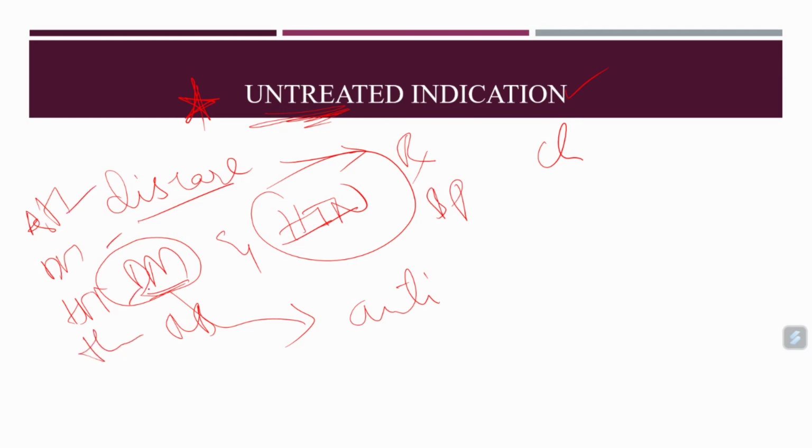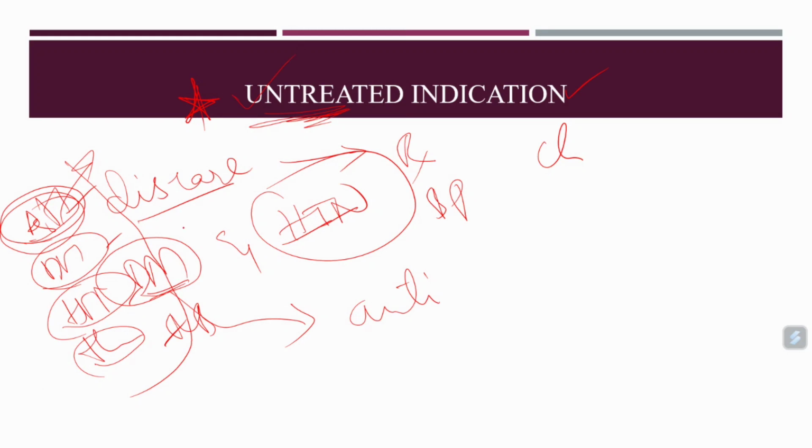For each condition, it is difficult for the physician, because for asthma a pulmonologist will prescribe drugs, for diabetes mellitus an endocrine doctor, for hypertension a general medicine doctor, and for thyroidism again an endocrine doctor. See, for treating the patient there are different specialized doctors. In these many conditions, the patient is already having them, but the asthma patient is not taken to a pulmonologist. So what will happen? It becomes untreated indication.